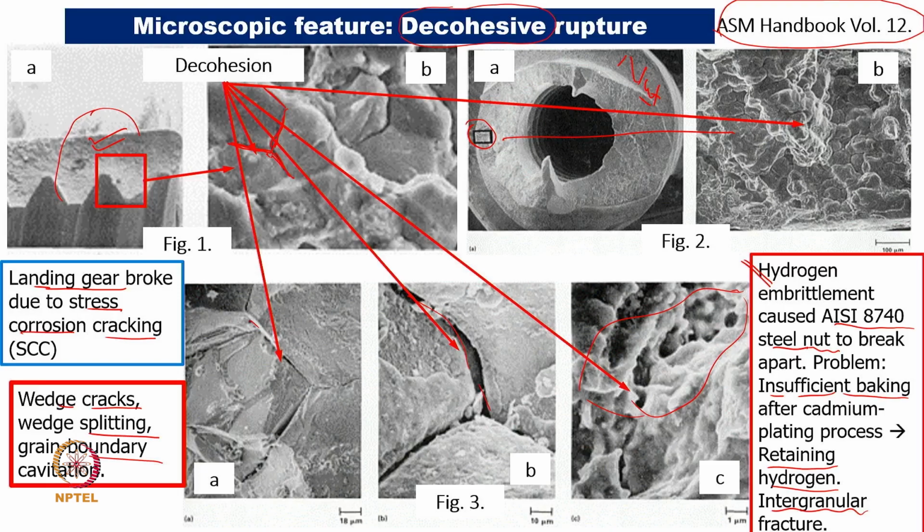Whatever features I am showing, it is after the failure that we detect the failure under SEM or maybe some other sophisticated microscope, and then we try to judge. So, all these failure mode analyses are basically offline mode, and what we are talking about in recent times is: can we really shift to the online mode, can we really give a system enough intelligence to take a judgment, take a decision as per the requirement?